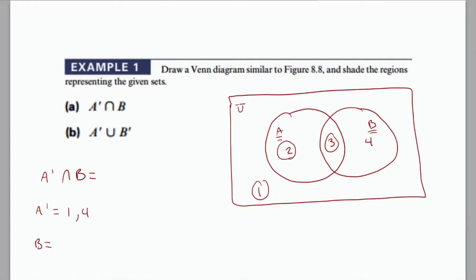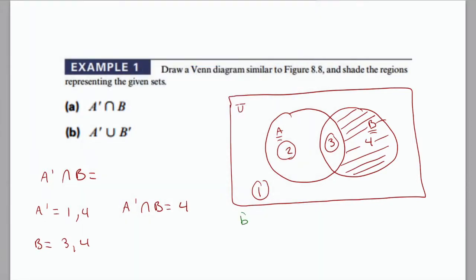B would be 3 and 4. So A complement intersection B would be 4, which is right there.